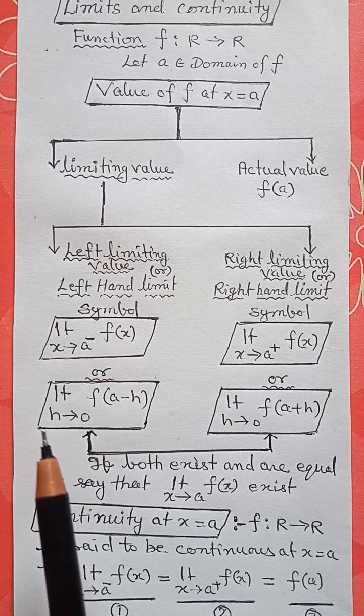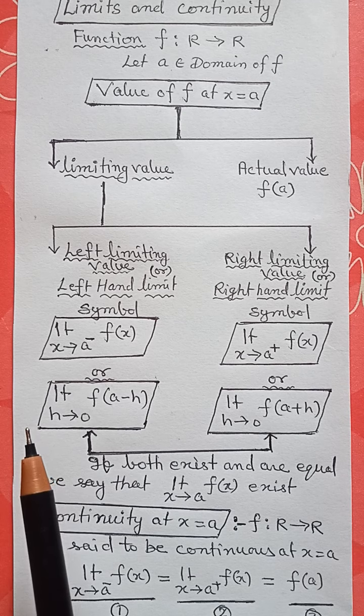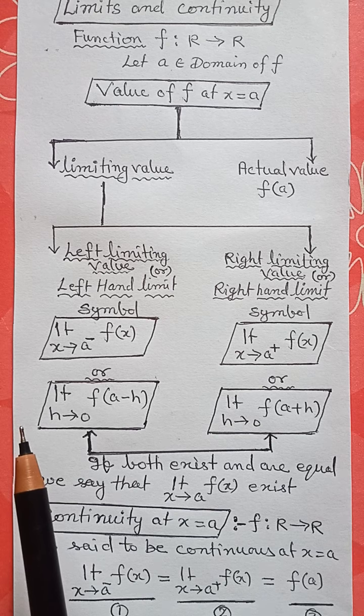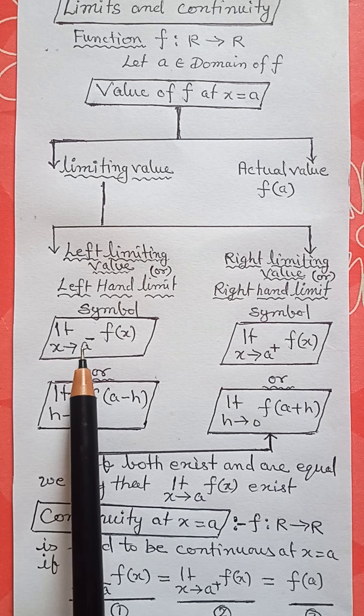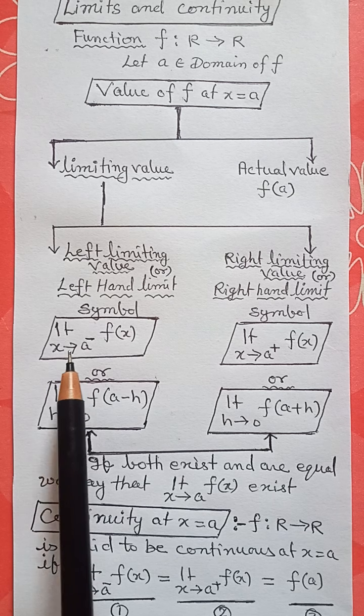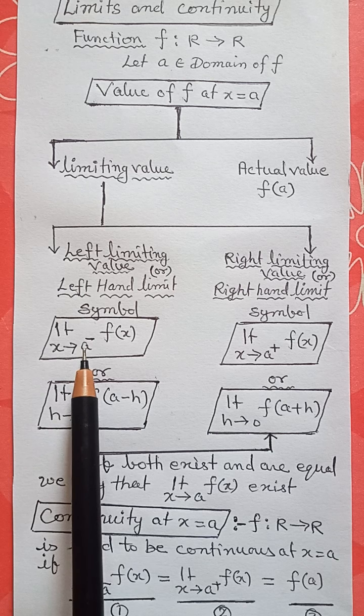In the case of limits, we have also studied that there are two types of tendency. The first is left-hand tendency and the second one is right-hand tendency. This is the left-hand tendency, that means x is smaller than a. x approaches a by being smaller than a.